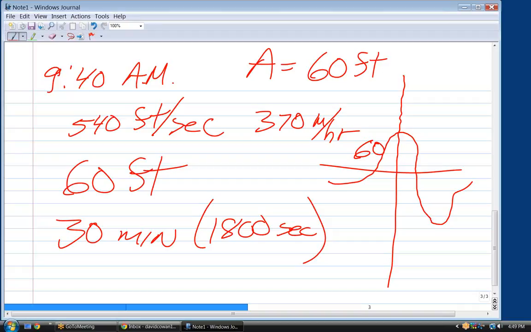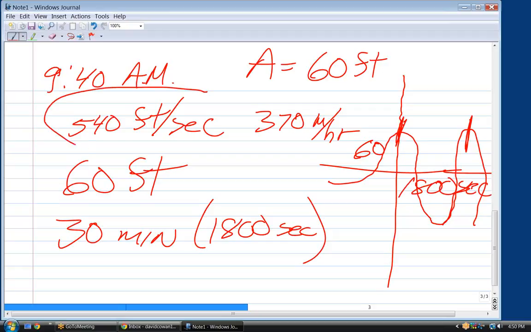Let me think about this for a second. 30 minutes. What does that 30 minutes apply to? If the period of the waves was 30 minutes or 1,800 seconds, estimate the length. Okay. So, if I continue, and this distance here is 30 minutes or 1,800 seconds. I think we're going to want everything in seconds.